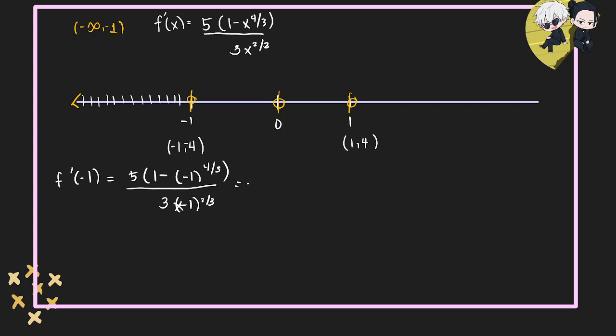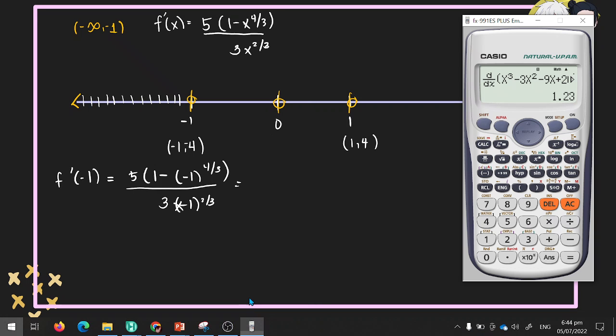So, what's the answer? Tingnan natin kung negative or positive siya. Now, pag negative, meaning to say, the function in that interval is decreasing. Pag positive, yung slope na makukuha natin, therefore, the function is increasing.